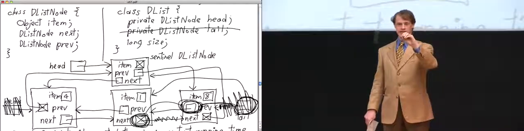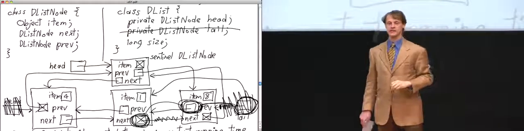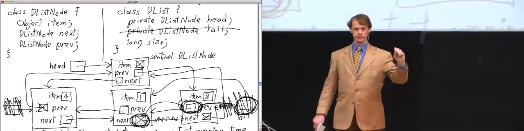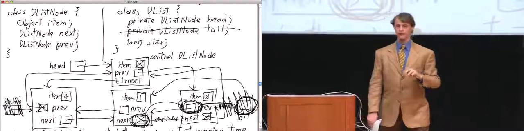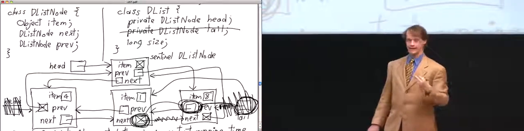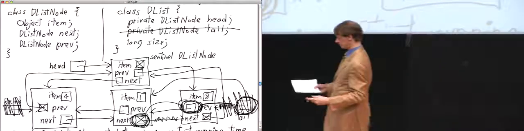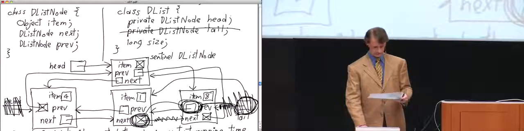So if you start at the sentinel and you go next, next, next, you get back to the sentinel. If you start at the sentinel and go prev, prev, prev, you get back to the sentinel. There will never be a null next or prev pointer in a D-list with sentinel. And because you don't have to check for nulls, that's why you're going to have fewer special cases.